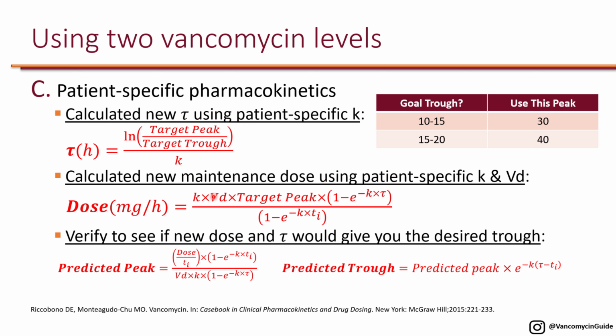And then once we get a dose and a tau, it's important to make sure that it's going to give us the correct predicted peak and trough before we actually recommend the dose. So we will use these equations. Now, this TI should be a TI that matches the dose. So for example, if you have 1500 milligram, you should put the TI of 1.5.